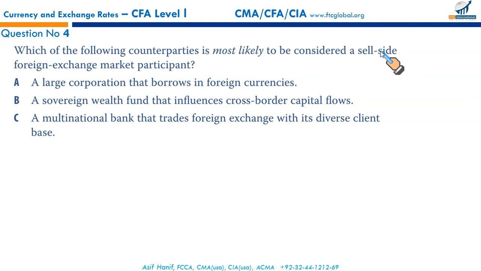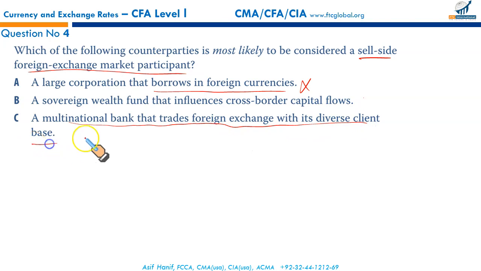Next, which of the following counterparties is most likely to be considered a sell-side foreign exchange market participant? A large corporation that borrows in foreign currency, so it's from the buy side. A sovereign wealth fund that influences cross-border capital flows, this is again also from the buy side. A multinational bank that trades foreign exchange with its diverse client base, yes, this is from the sell side.